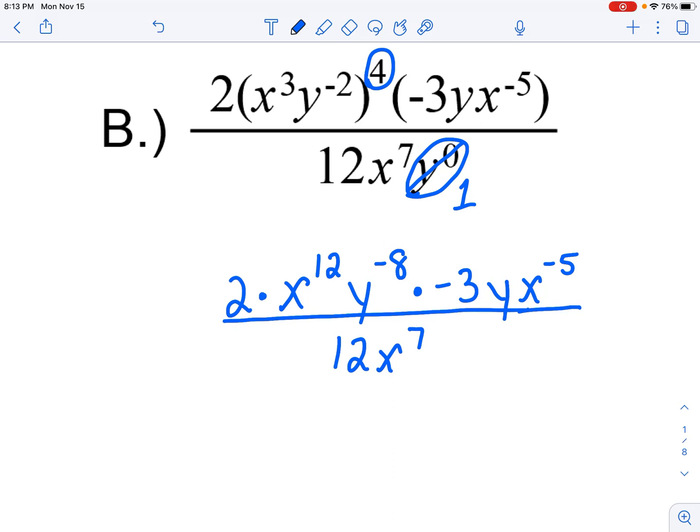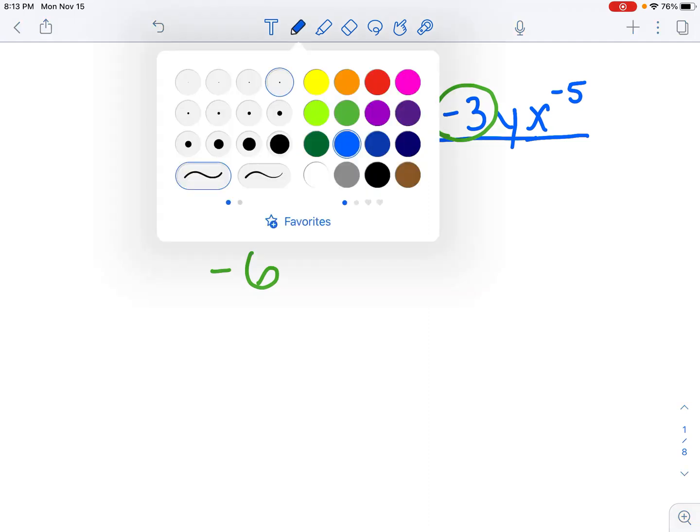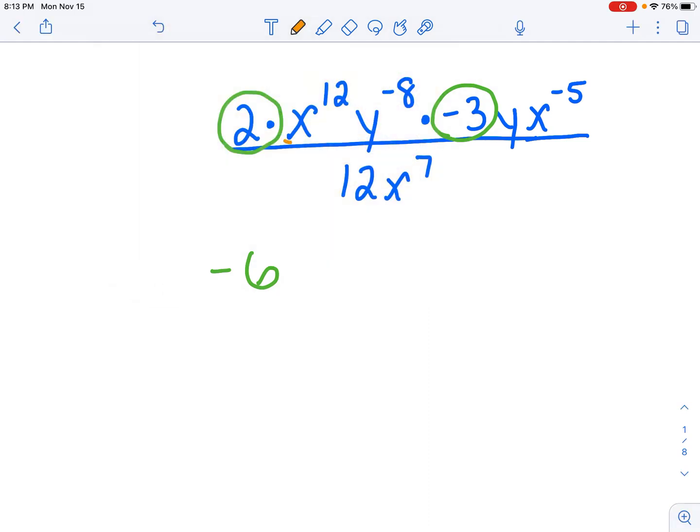All right, so where can we go from here? Let's see, I can combine these coefficients together. 2 times -3 is -6. And then I still have, actually, what can I combine together up top? Let's do some combining up top. I've got x to the 12th and x to the -5.